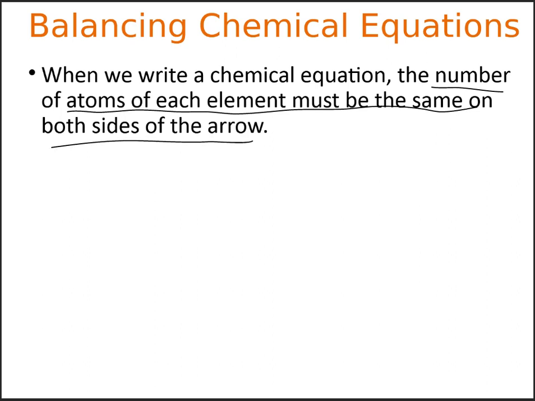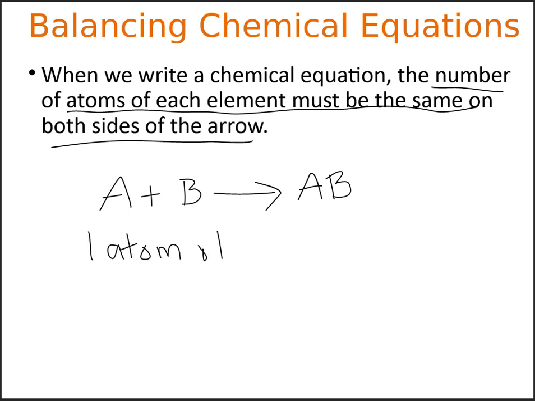So if I'm putting A plus B yields AB, I've got one atom of A and one atom of B on my reactant side.